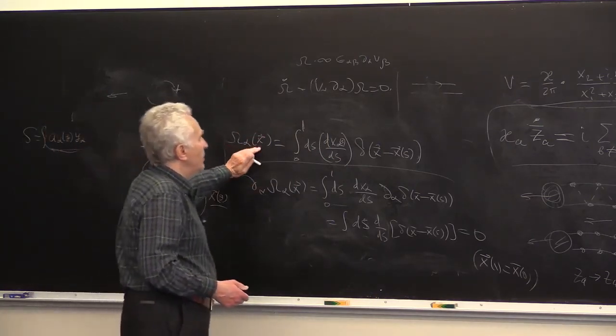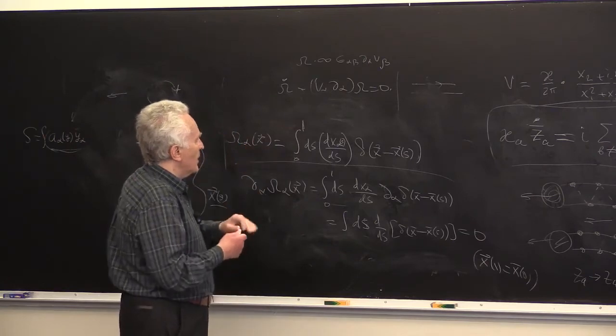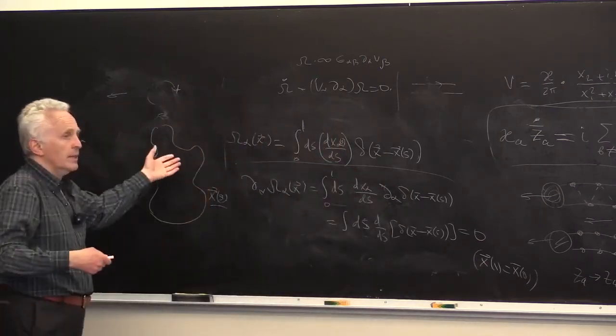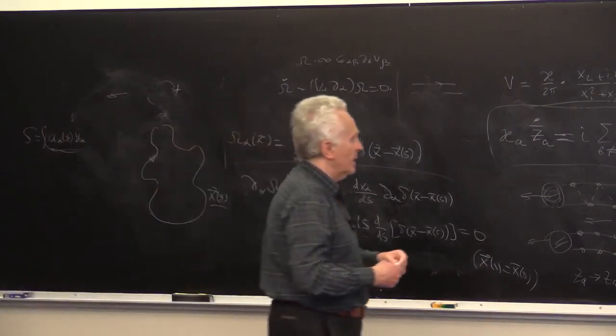So instead of point-like vortices, we now have smoke rings. Actually, smoke rings are just those lines of vorticity.